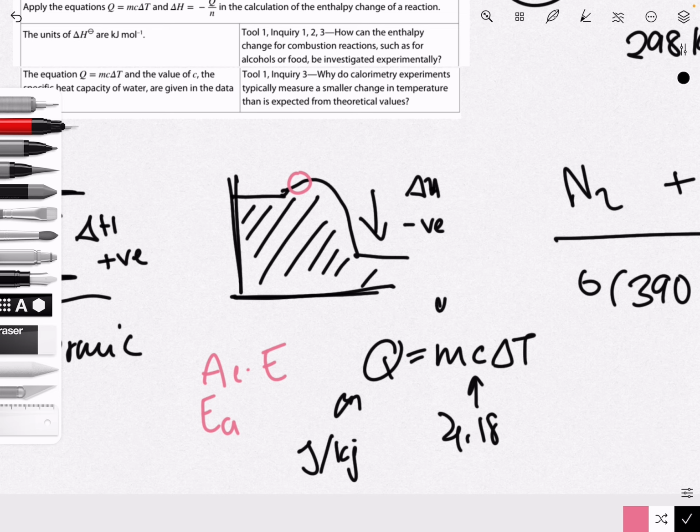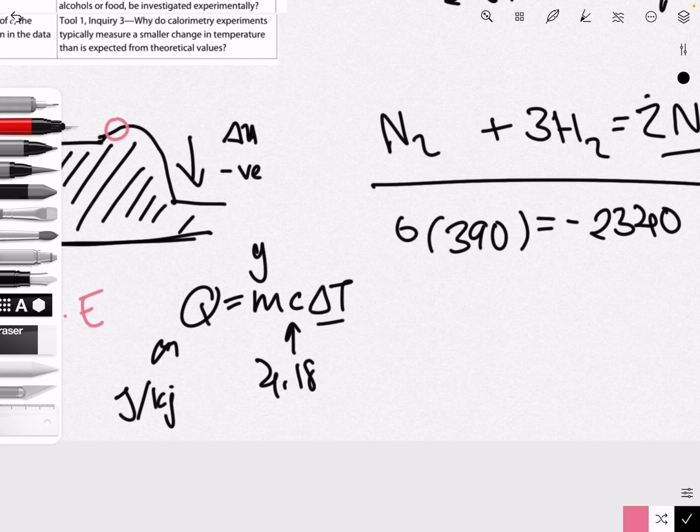Your mass will be in grams, and temperature, as we said, Celsius or Kelvin. Since it's only a change, it doesn't really matter. This equation will often come alongside this one over here, which is change in enthalpy is equal to negative Q over n.